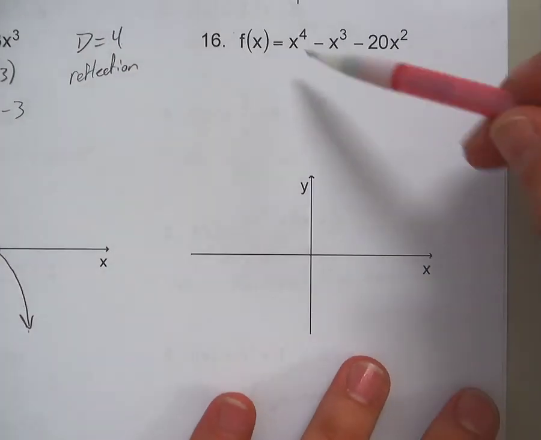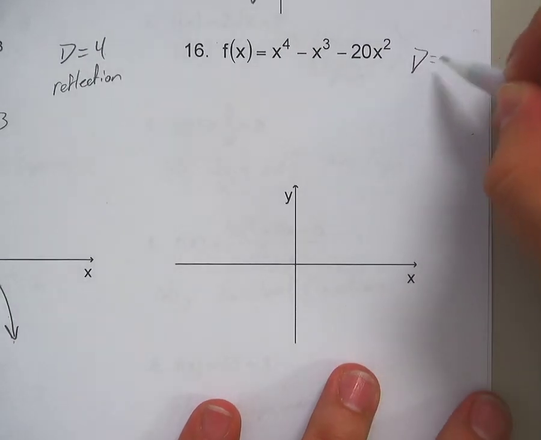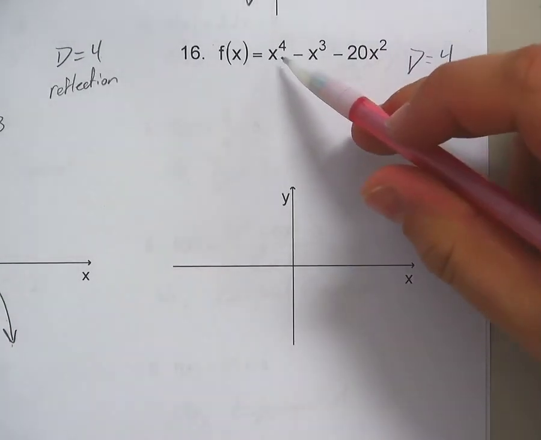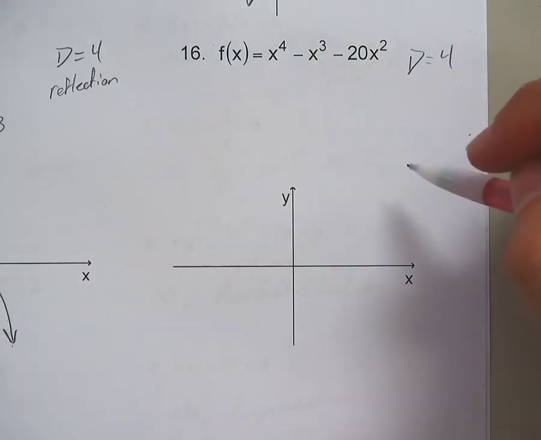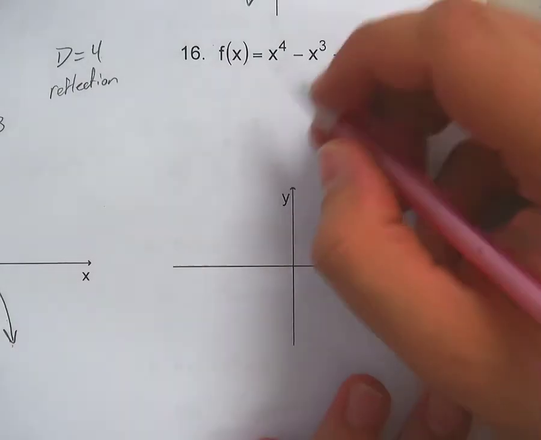Alright, over here, a couple of things. It's a degree of 4. It's positive, so both ends are going to be pointing up. And then let's factor this thing out.